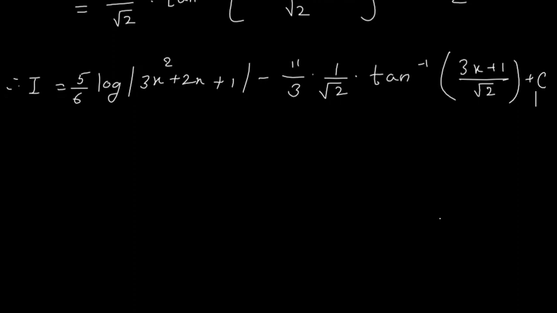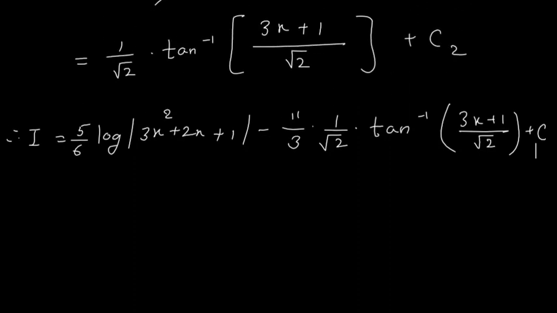So this is our final answer. The final answer which we got is 5 upon 6 log of 3x square plus 2x plus 1 minus 11 upon 3 root 2 tan inverse of (3x plus 1) upon root 2.